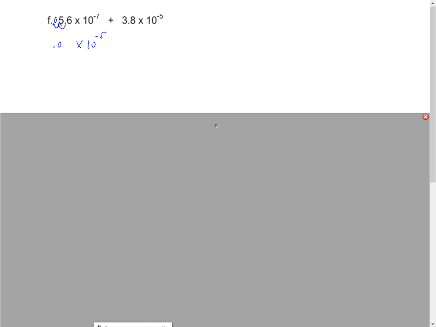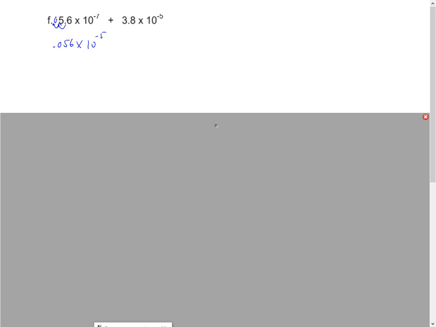So 0.056. Remember, to make a number in the front smaller, move the decimal point to the left. We all know that 0.056 is smaller than 5.6, right? You all know that. And again, you don't worry about the positives or negatives, just go that direction. And the back is good.